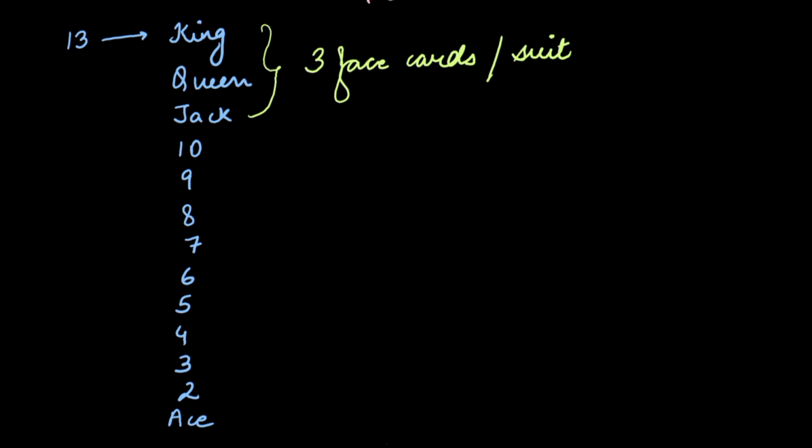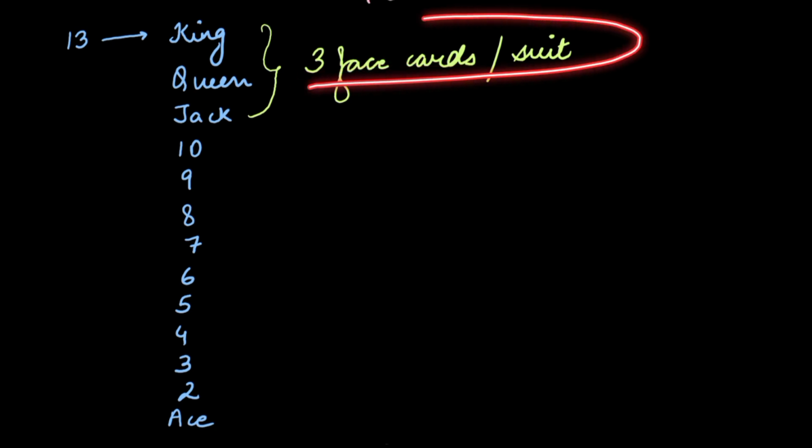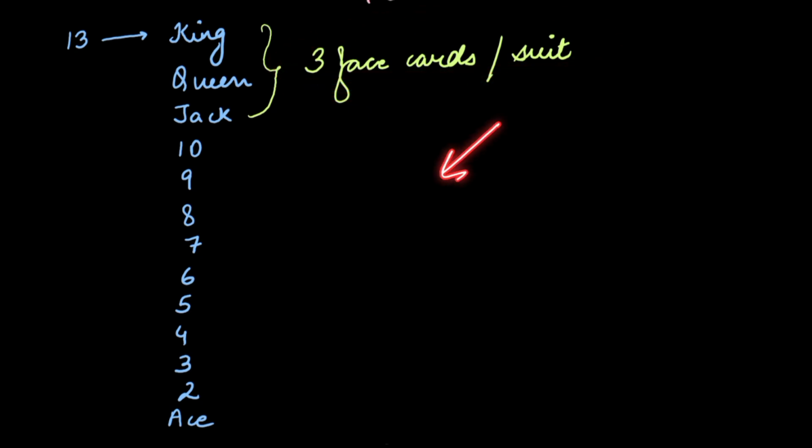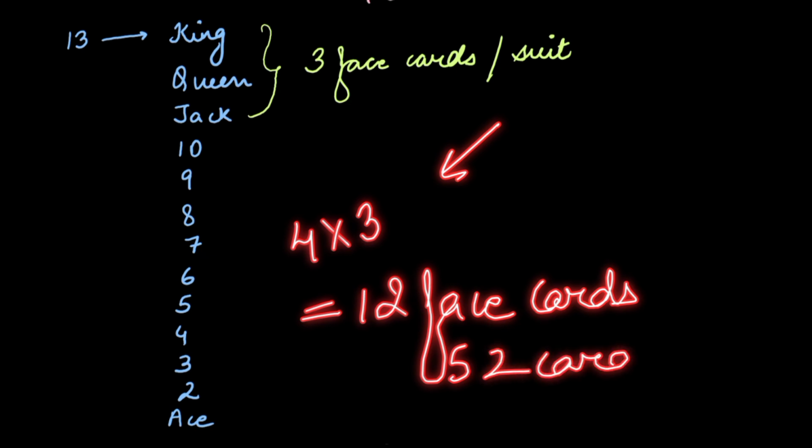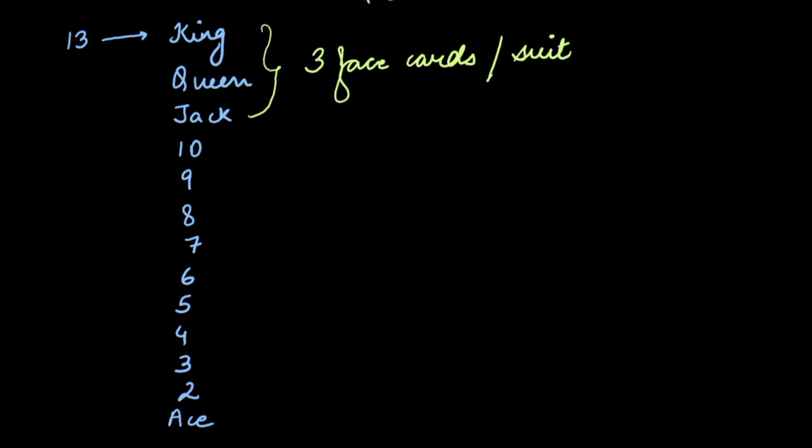In each suit, there are 3 face cards. Now, in total there are 4 suits, so how many face cards will there be? 4 into 3, that is 12 face cards in a pack of 52 cards.